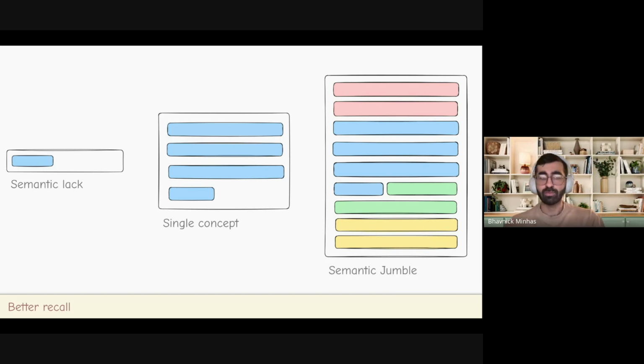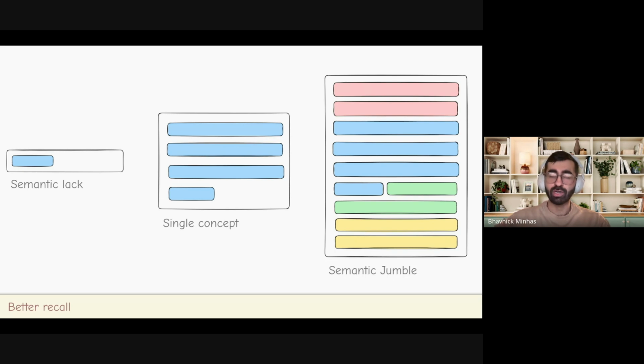So that's on better recall. You'd want a specific size of documents or passages for the best usage of your retrieval models. The same works for your generator models, because those are the two components inside your RAG pipeline: the retriever and the generator.